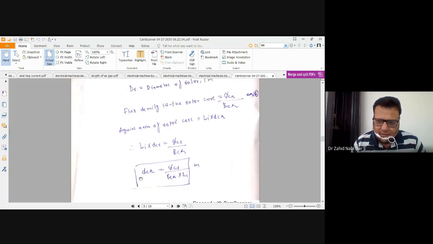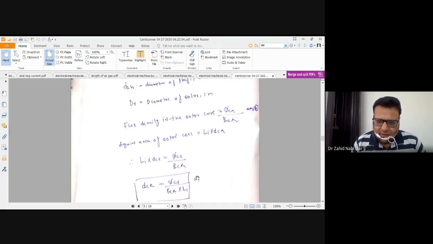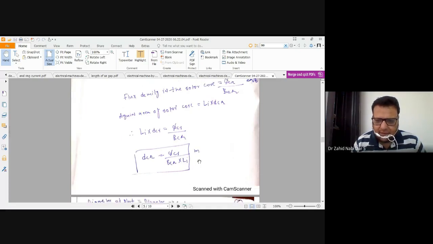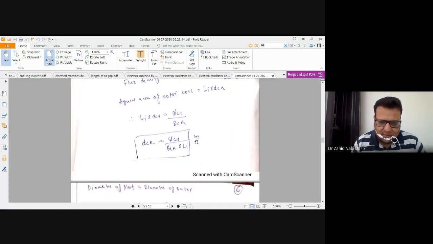These dimensions you have to take into consideration, and it should be not in meter, it's centimeter. Please correct over here. While writing it happens sometimes, you are thinking something and you note down something, so I'll correct it also while uploading it again in the Google Classroom. So this is in centimeter.